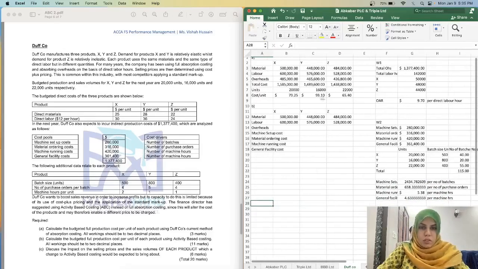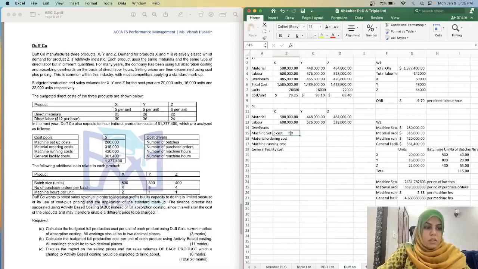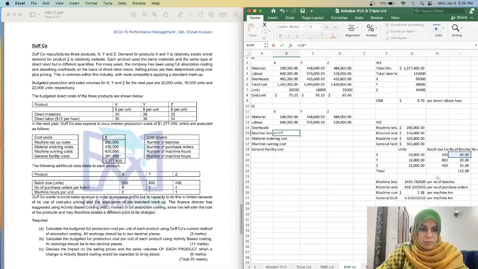I hope all of this is clear. We've done the working, we've done the difficult part now. Simply just start putting up the numbers now. So it was per number of batches for machine setup. What were the number of batches? 40, 20 and 55, right?